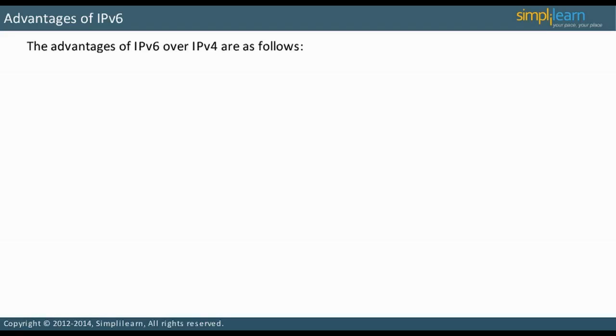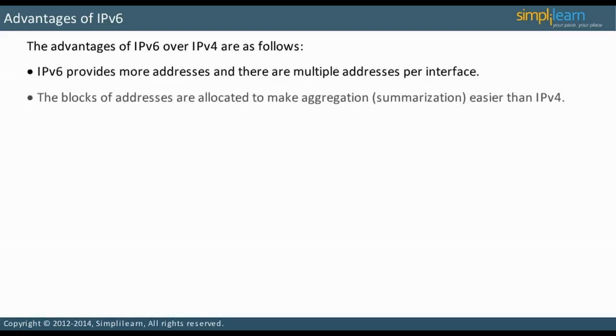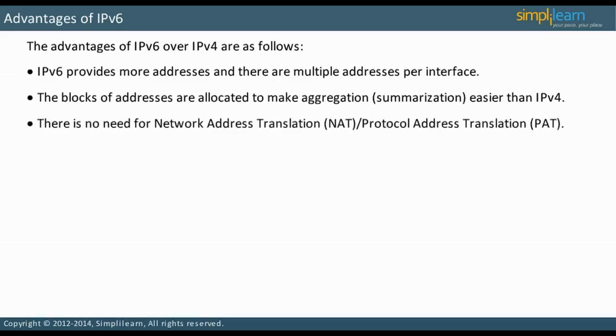In fact, in IPv6, there are multiple addresses per interface. The blocks of IPv6 addresses are allocated to make aggregation easier than IPv4. There is no need for Network Address Translation, NAT, or Port Address Translation, PAT.